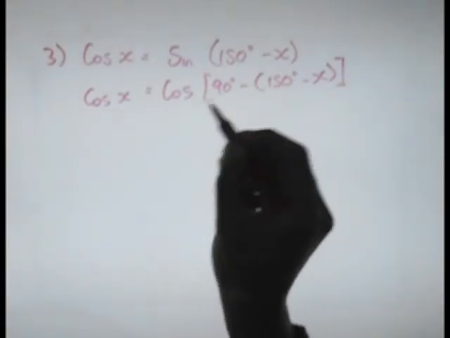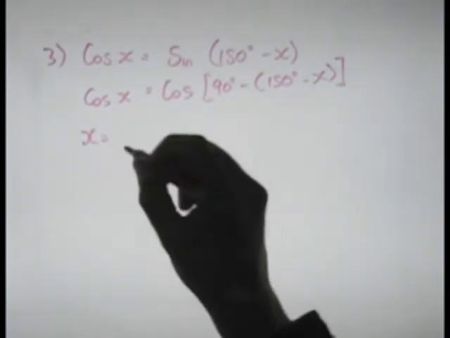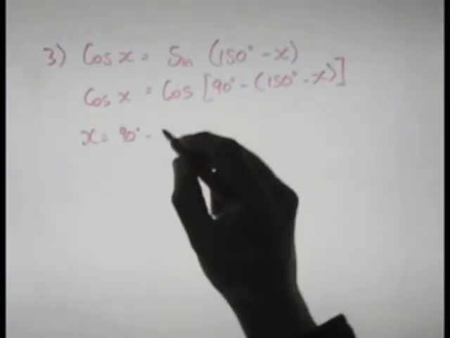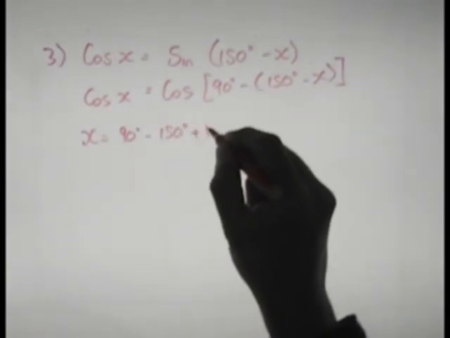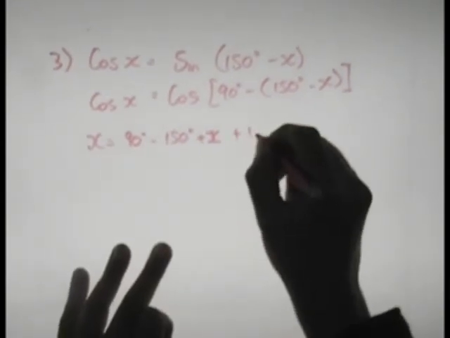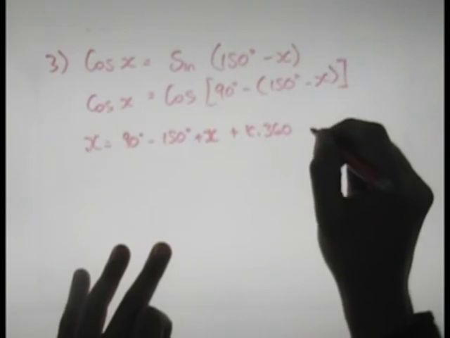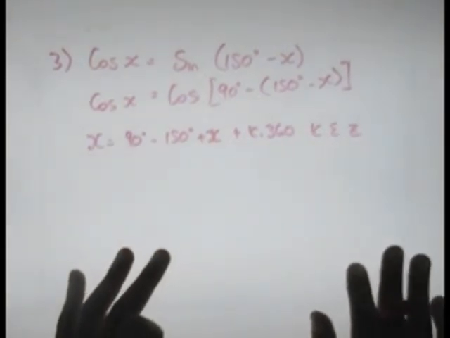That means that x is going to equal 90 degrees minus (150 degrees plus x) plus k times 360, where k is an element of integers. But that's only one possible answer.